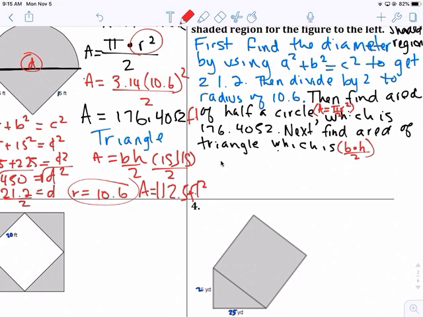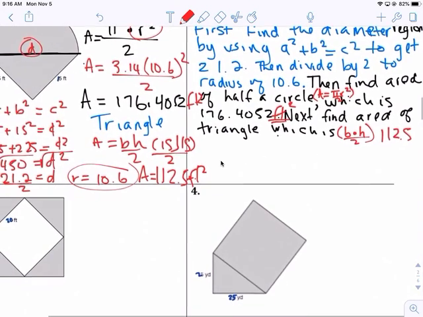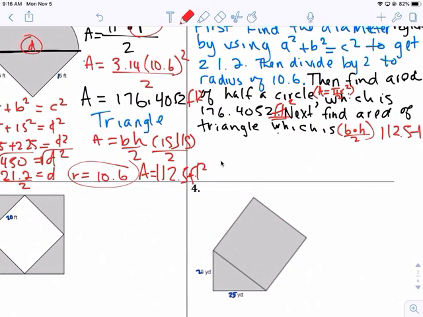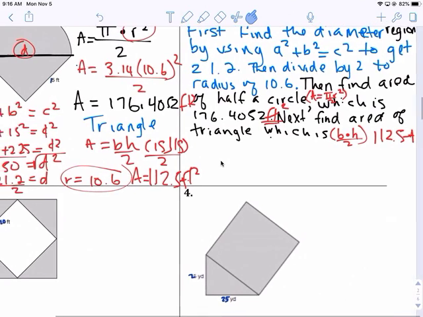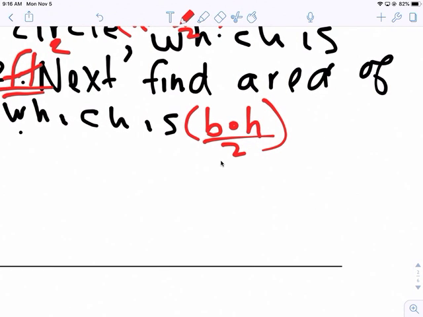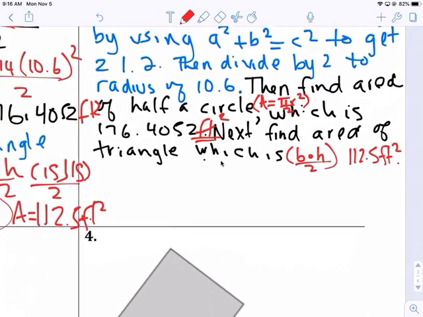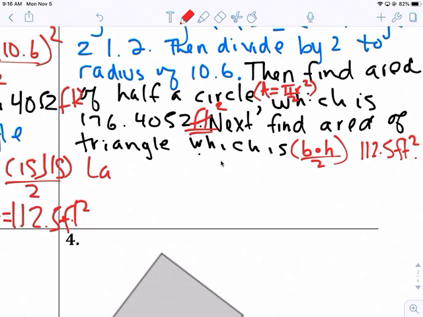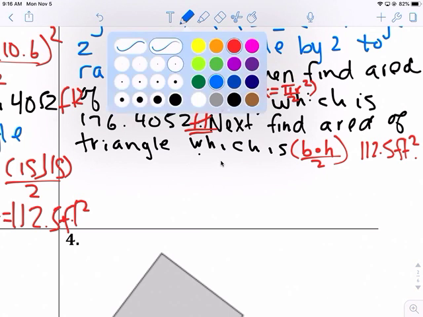This is feet squared, which is 112.5. I forgot that. Okay, feet squared. Last, change the color so you can see better.